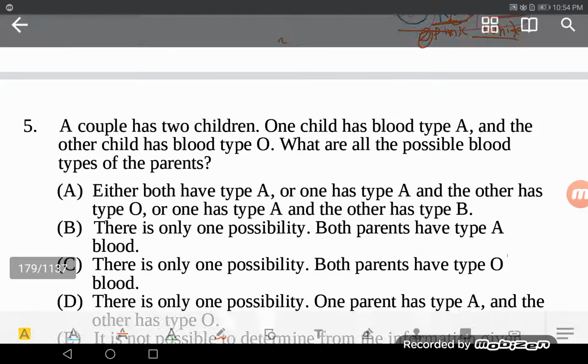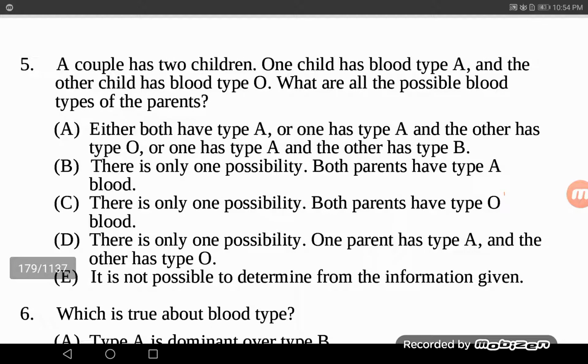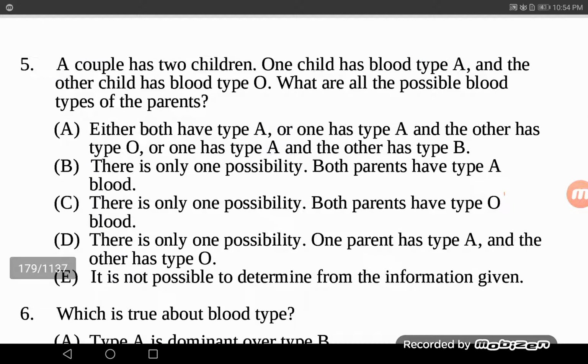Now let us move to the fifth question, which is about blood groups. The question says a couple has two children. One child has blood type A, so for blood type A it will be either an allele with A and O, or it will be homozygous, both alleles A. This is the general case.